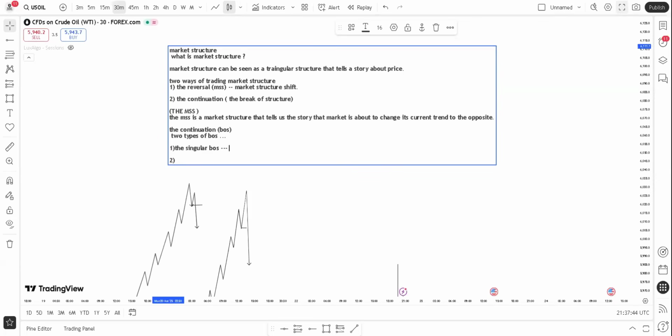This is when the market only breaks a singular structure. Do you understand? Then, the second, I will explain everything at once so that I will not waste time.